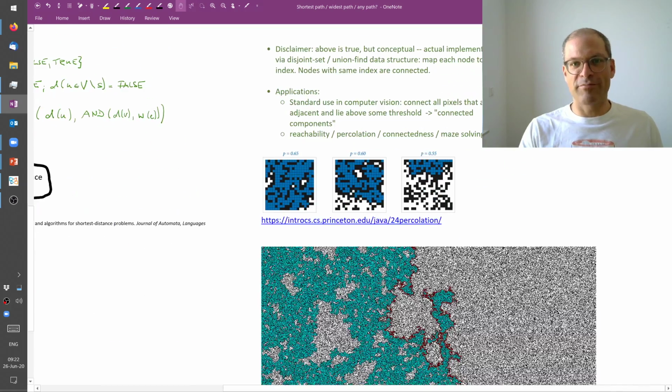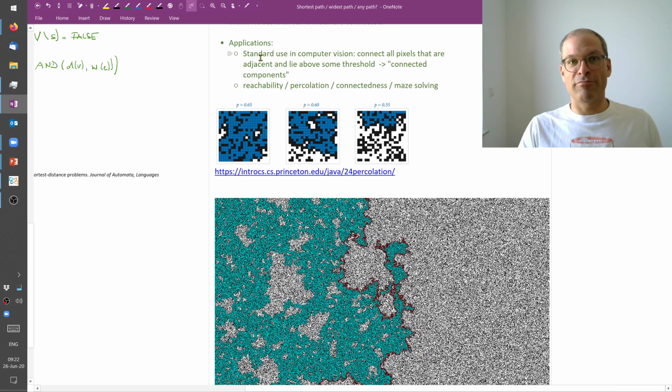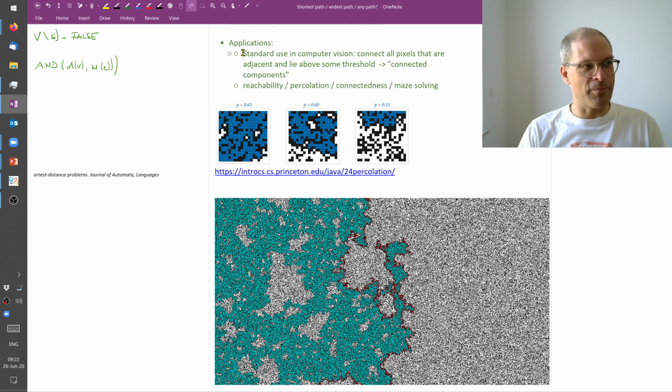So let's look at applications for this. I've mentioned two reasons here why this is needed in computer vision. Oftentimes, let's say you're training your network to detect something, and then you threshold, and then you want to collect all these pixels that are within the same island, or within the same connected component, above the threshold.